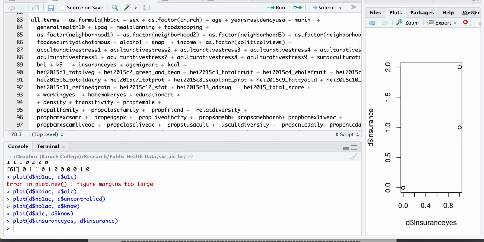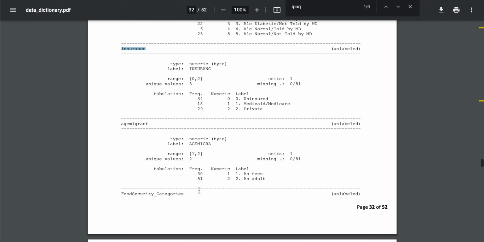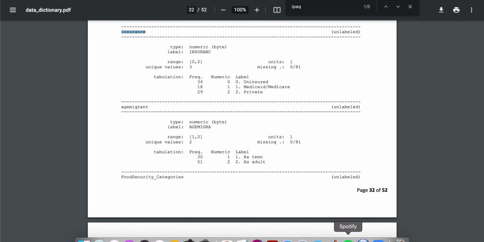And we add here insurance as factor. And we have age, immigrant, two categories. And there's nothing missing, but let's see.